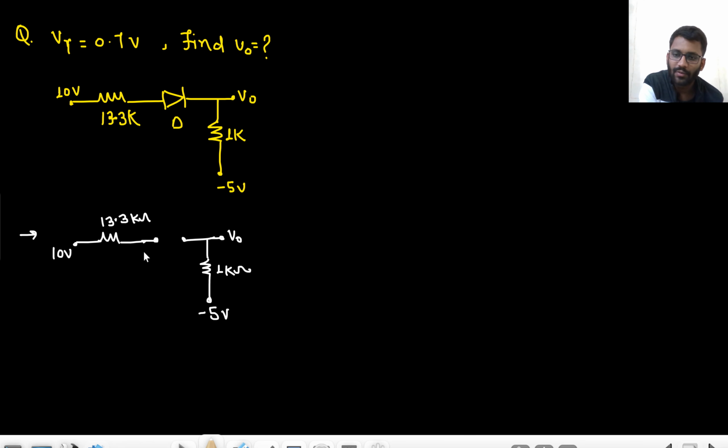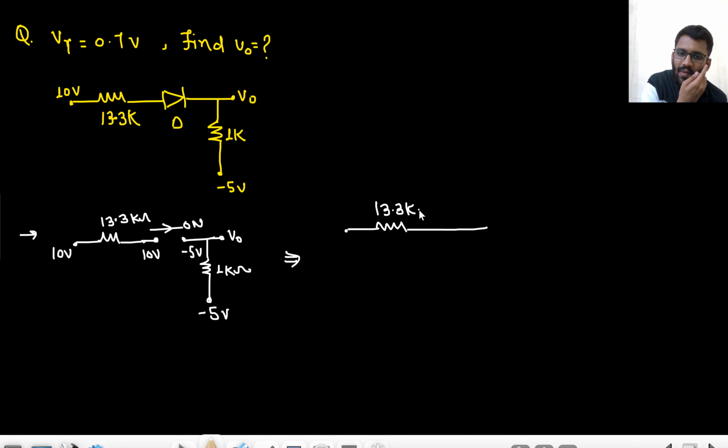So here this will be 10 volt and this will be minus 5. That means the diode will be on. That means V gamma will be 0.7. 13.3 kilo ohm, this is 10 volt.